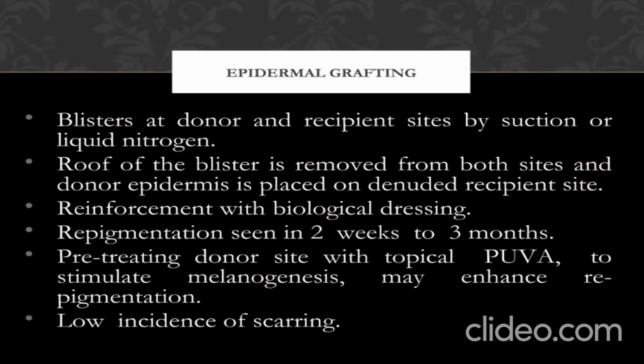Repigmentation is seen in 2 weeks to 3 months. Pre-treating the donor site with topical PUVA to stimulate melanogenesis may enhance repigmentation. And in epidermal grafting, there is a low incidence of scarring.